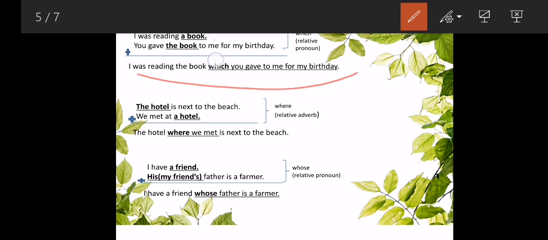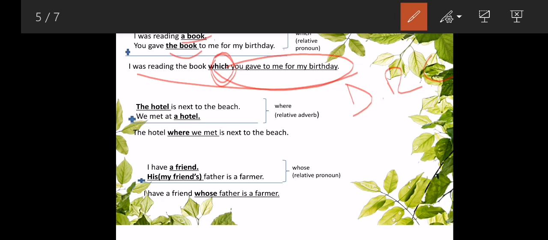We used which. Why? Because look at the word book. Book is a thing, right? So we use which for things or animals. In this sentence, which you gave to me for my birthday is our defining relative clause.